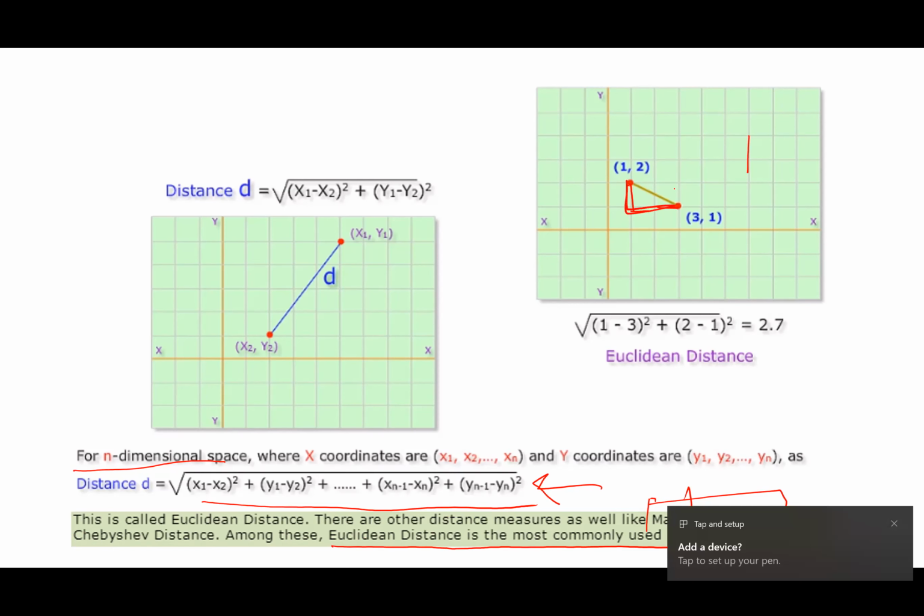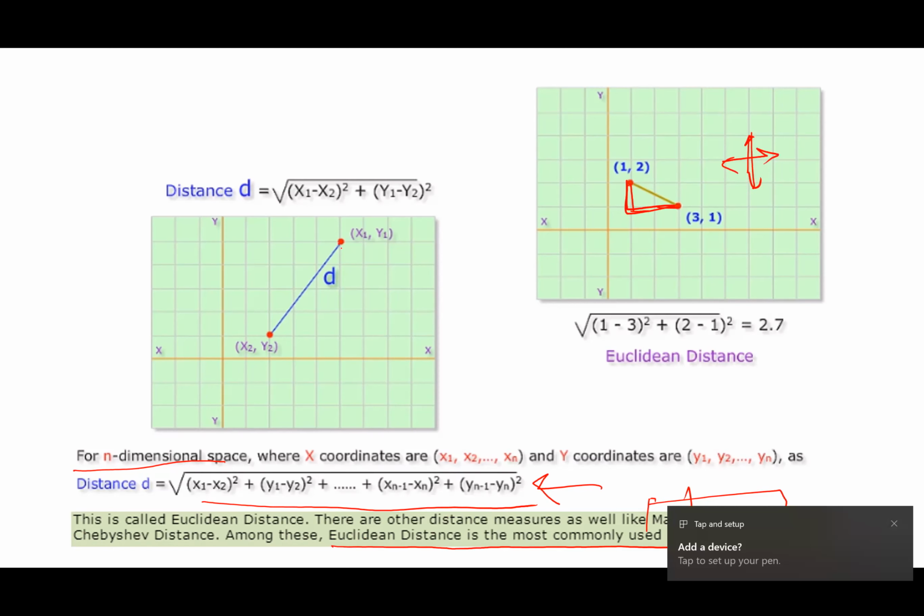In Manhattan distance you are not allowed to move in diagonals. You can go forward, back, left, or right, so only these 4 directions you can go, right? So for any 2 points, distance will be this plus this plus this plus this. For Manhattan, this will be my distance, this line plus this line. There is no concept of hypotenuse there, right?